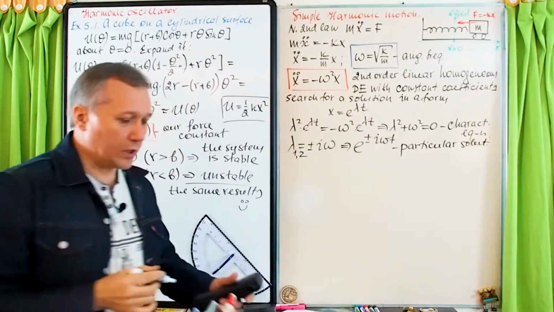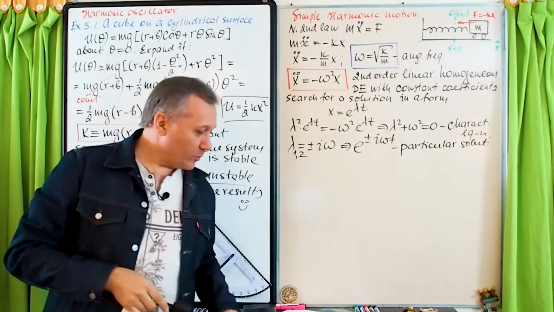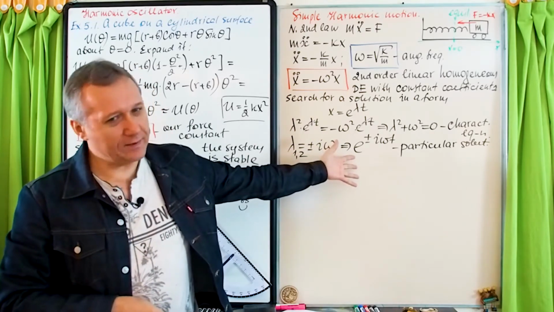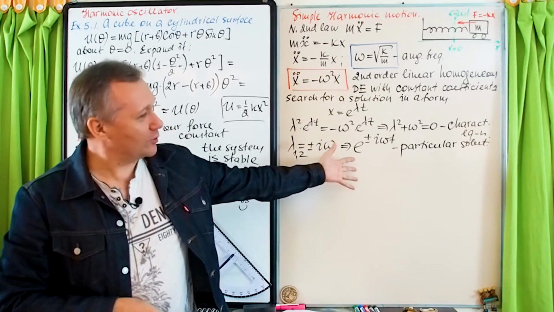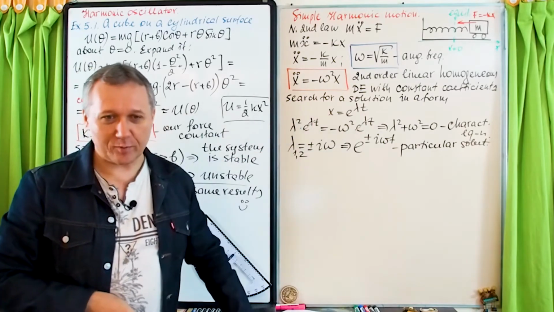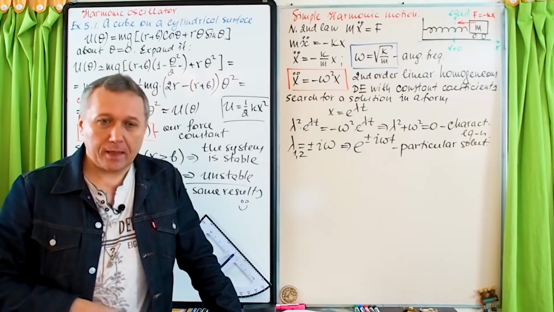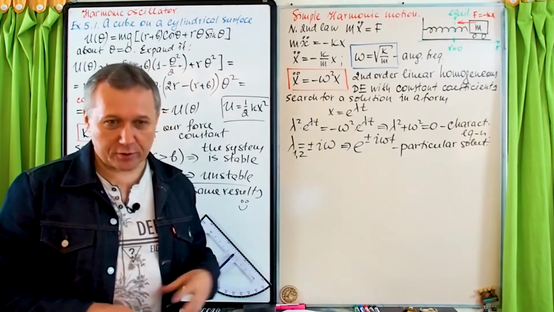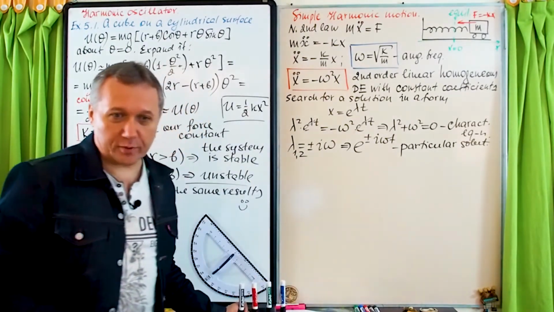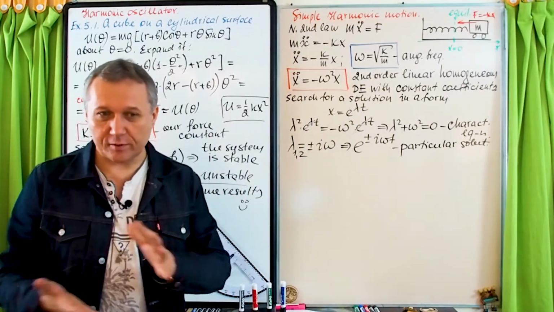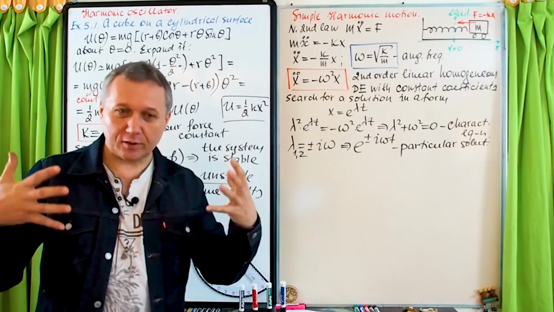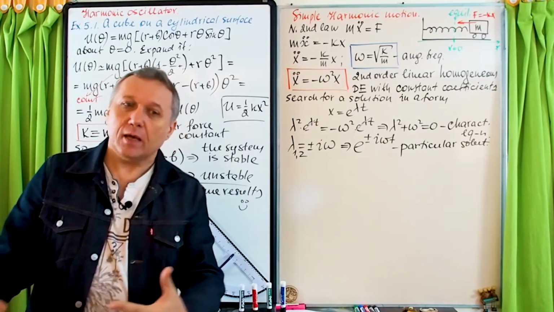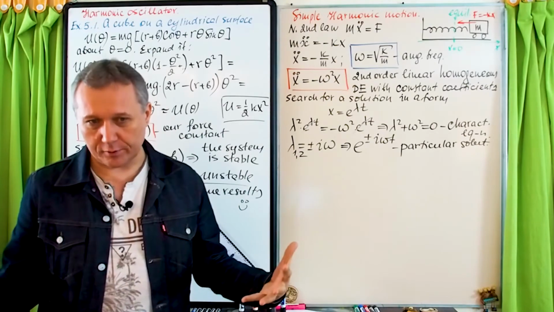If we have two particular solutions, they're obviously linearly independent; you will never be able to construct e to the power of minus i omega t from e to the power of i omega t. So if you have two particular linearly independent solutions and a second order differential equation, then according to the theory of differential equations, a linear combination of these two particular solutions will be a general solution of your differential equation.